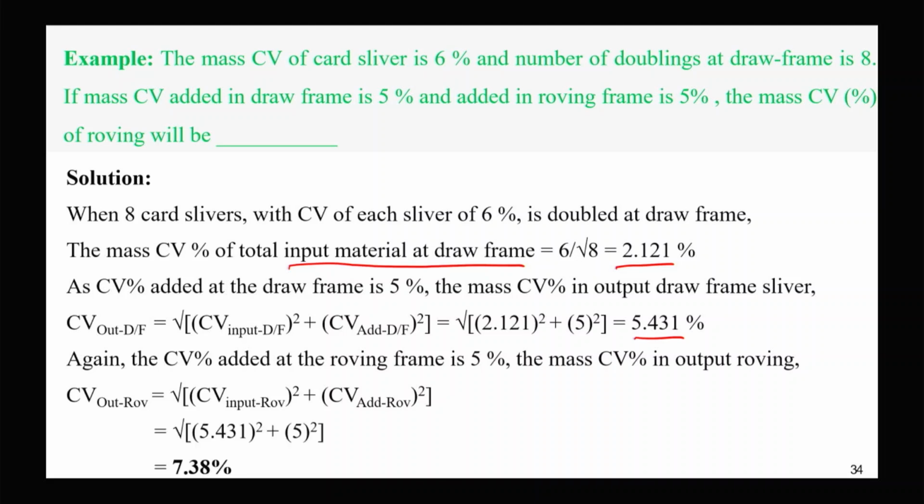So finally we get 7.38. In this way we can solve the problem. The idea is that we have to understand the point where the CV percent is added, and we should know the flow of material in the spinning process.